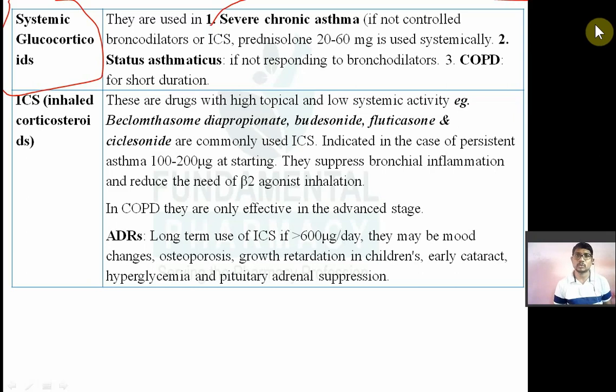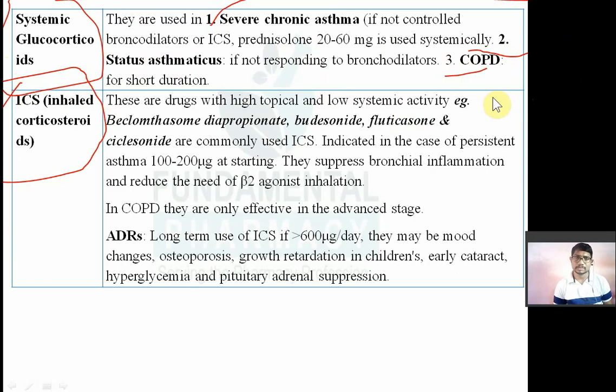Prednisolone 20 to 60 milligram is used systemically. Then the second is status asthmaticus. So they are used in chronic asthma, status asthmaticus, and COPD, chronic obstructive pulmonary disease, when bronchodilators and inhalation corticosteroids are ineffective.